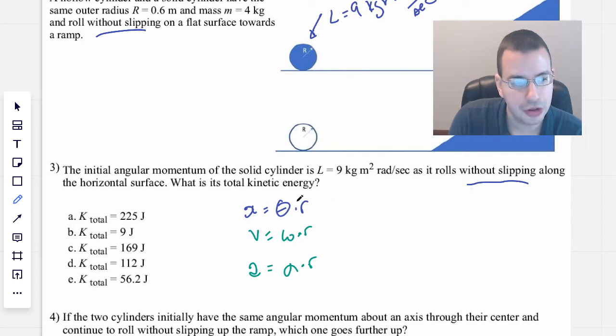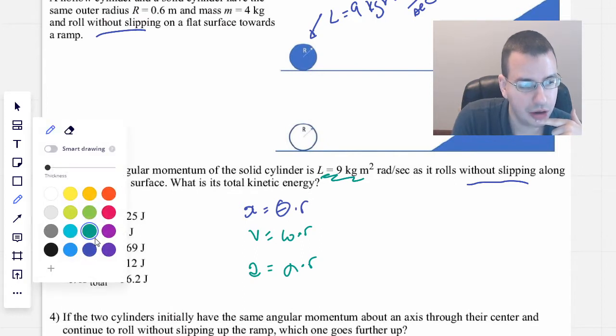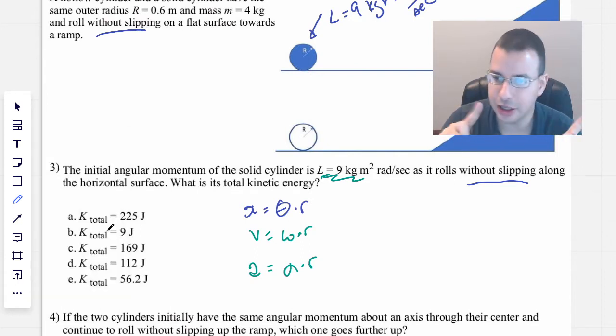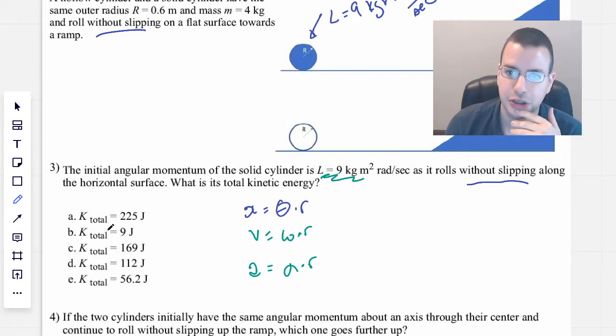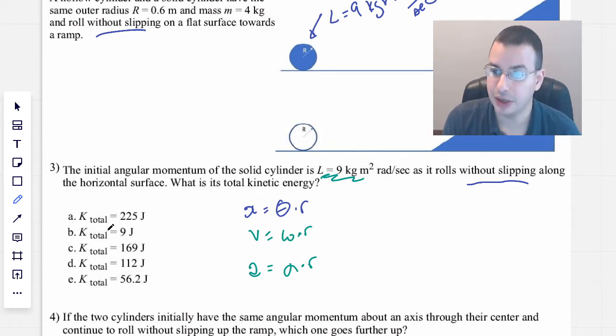Okay, we're also told an angular momentum. I always try to look at rotational motion as an analogy for linear.